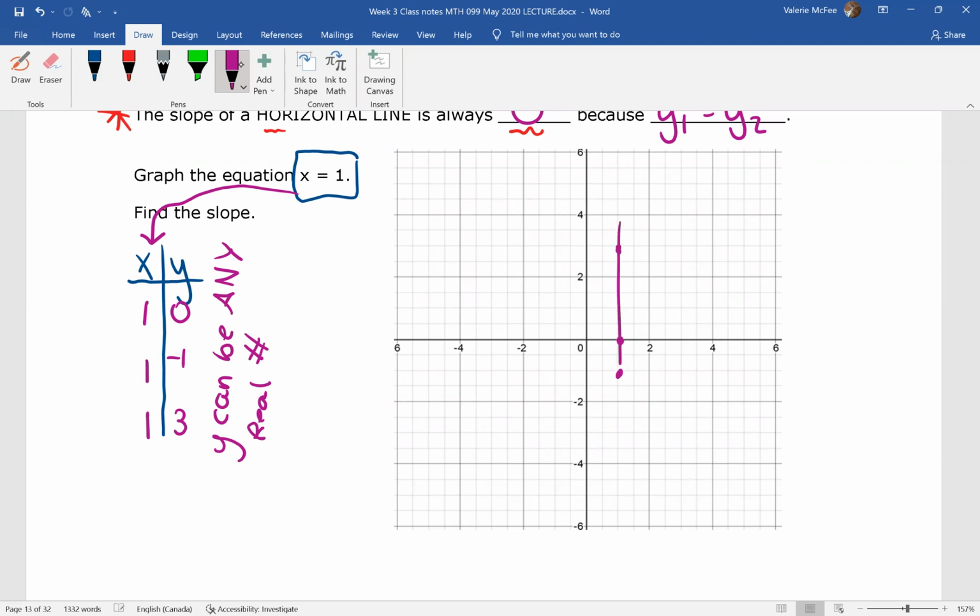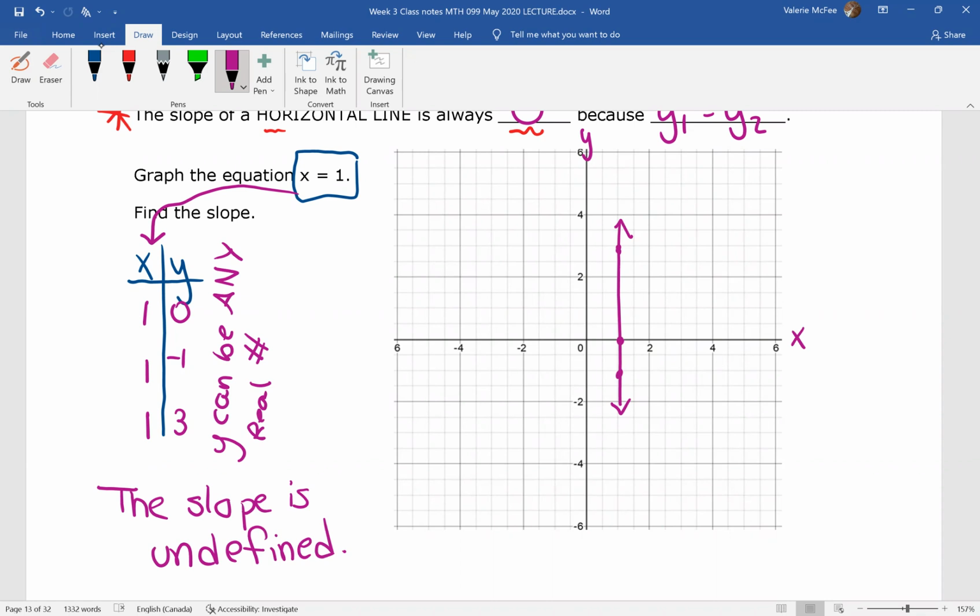Did you remember that the equation x equals c is always a vertical line? Do you remember the slope of a vertical line? The slope of every vertical line is undefined.